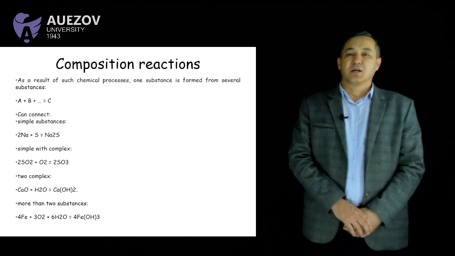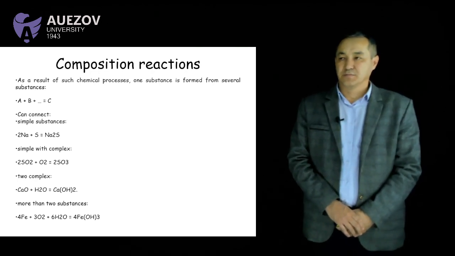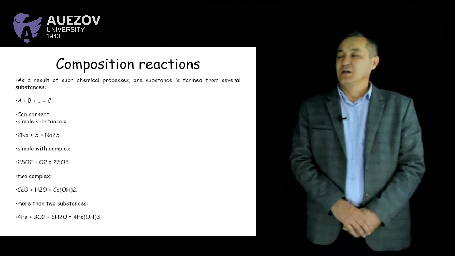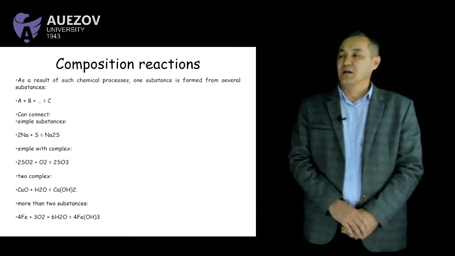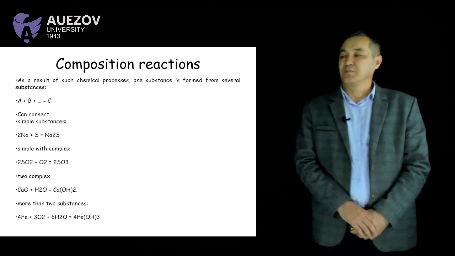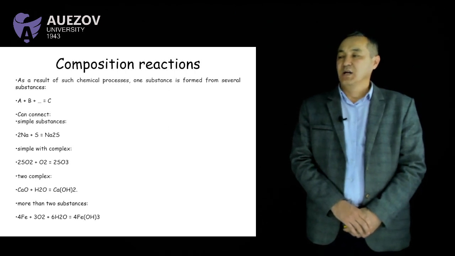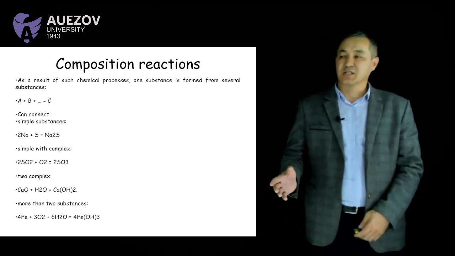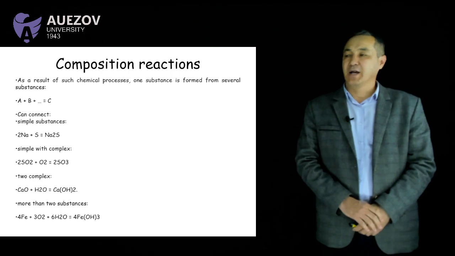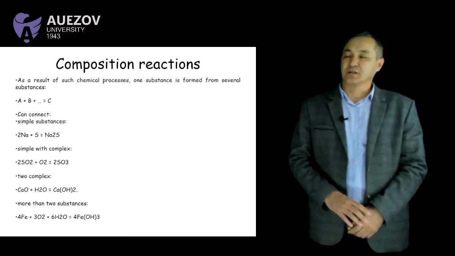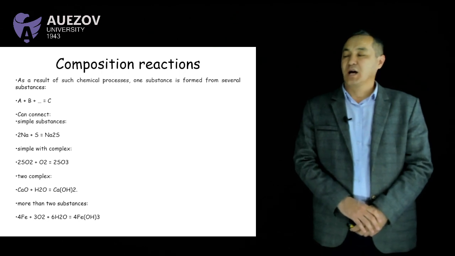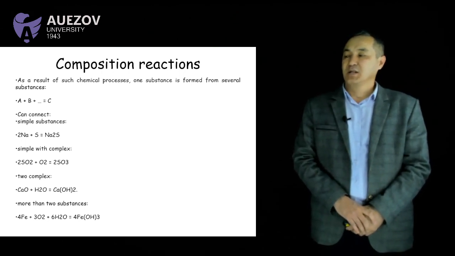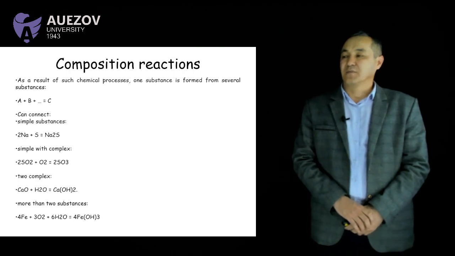And for another type of composition reaction, we can talk about a reaction between two complex substances and between more than two substances. For example, this chemical reaction can proceed between iron atoms, oxygen atoms and water molecules, and in the reaction we get iron hydroxide.